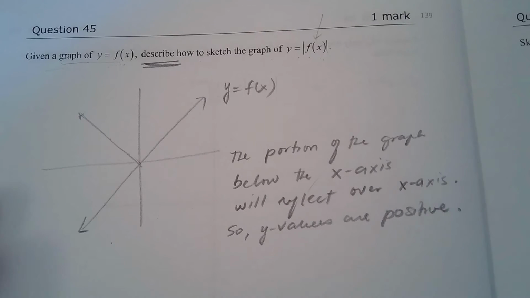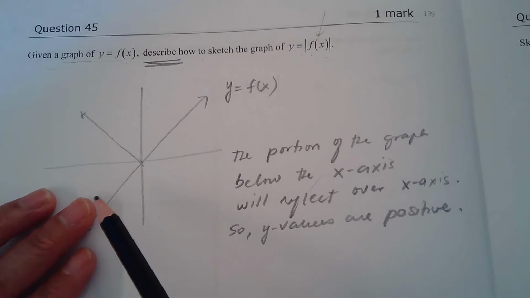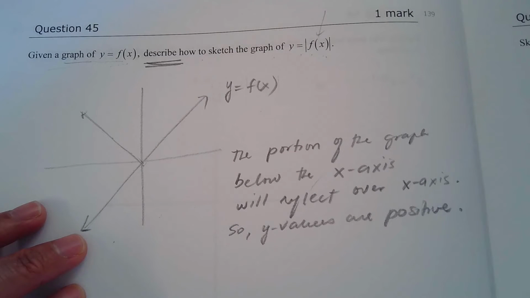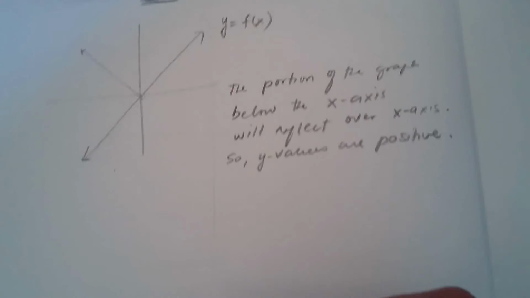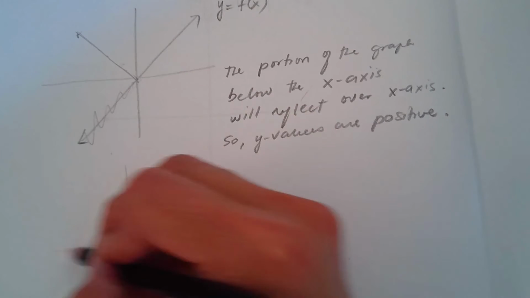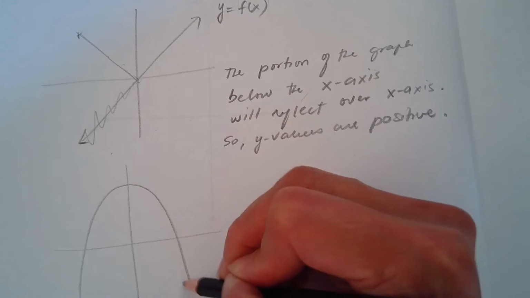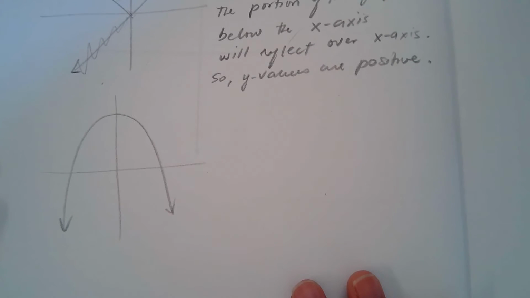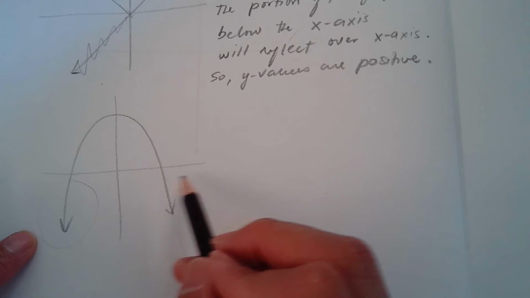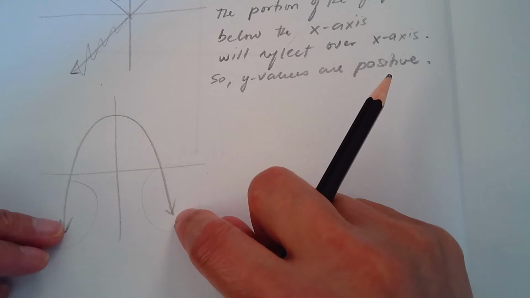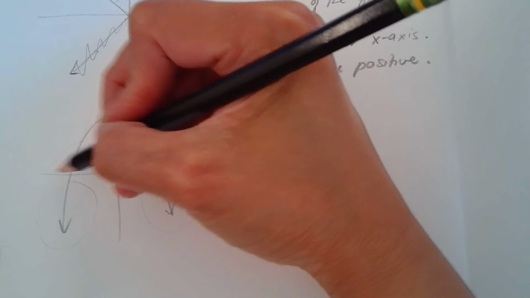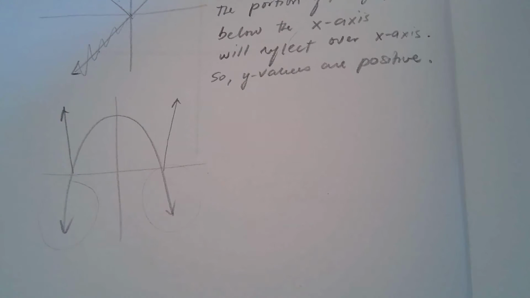So we're not really just reflecting over the x-axis, we're only reflecting the part below the x-axis. So this is now gone, and if the graph looks like this, how do we do it? The portion below the x-axis will get reflected over the x-axis so that the y values are positive.